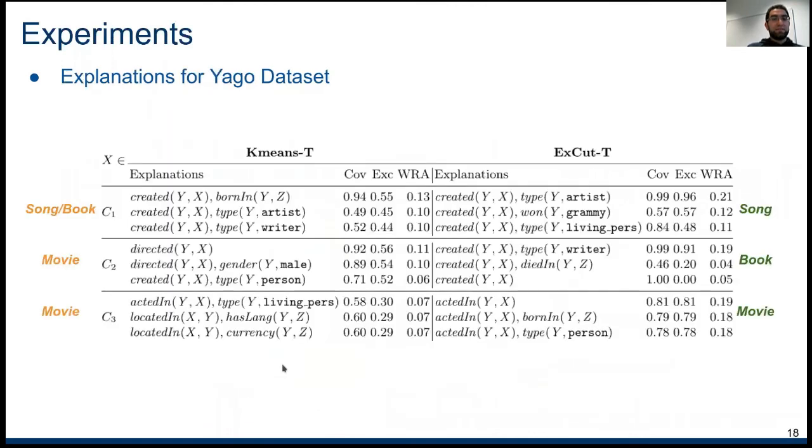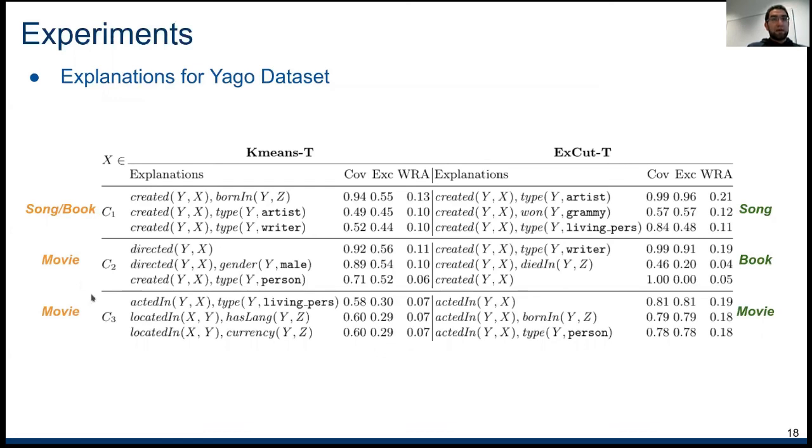Let's see some examples from the dataset of YAGO. On the left side, we show the result of using k-means on TransE, then explanation without any feedback. On the right side, we show after applying the iterative method of ExCut. On the left, we can see that cluster 1 combined both songs and books, while the other 2 clusters are all movies.